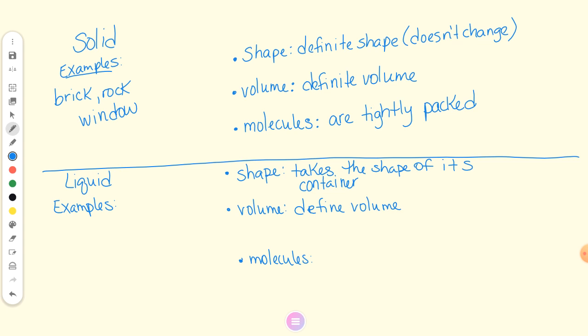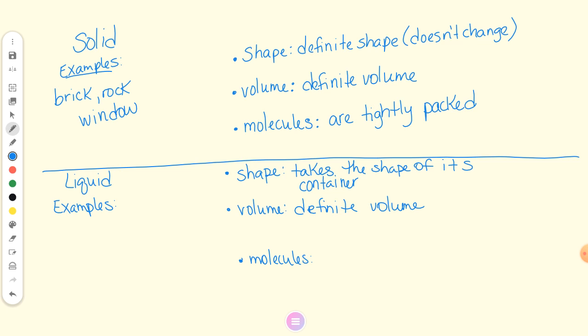I just look different. It's not like I got bigger or smaller. I just changed my shape and how I look. But I'm still taking up the same amount of space. Oops, I put define again. Darn it. That's what happens when I try and talk. Definite volume. Sorry.